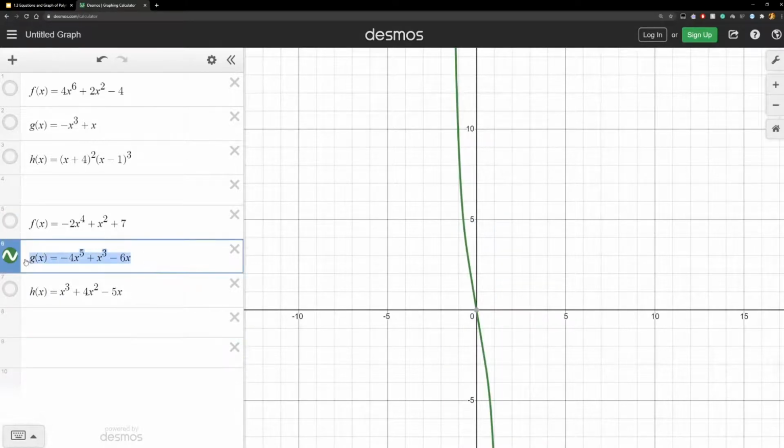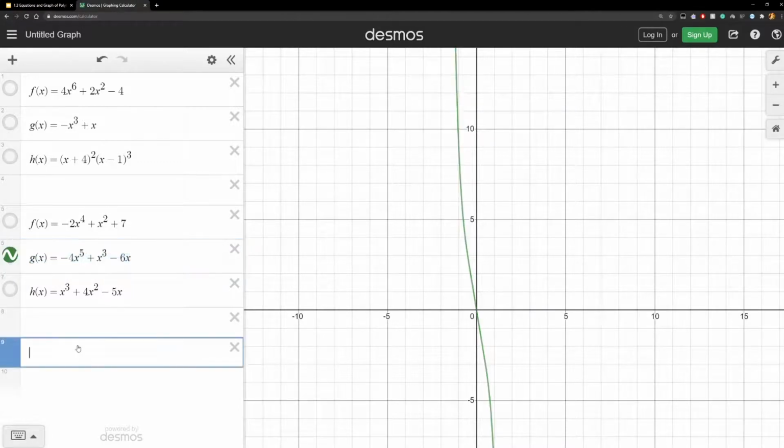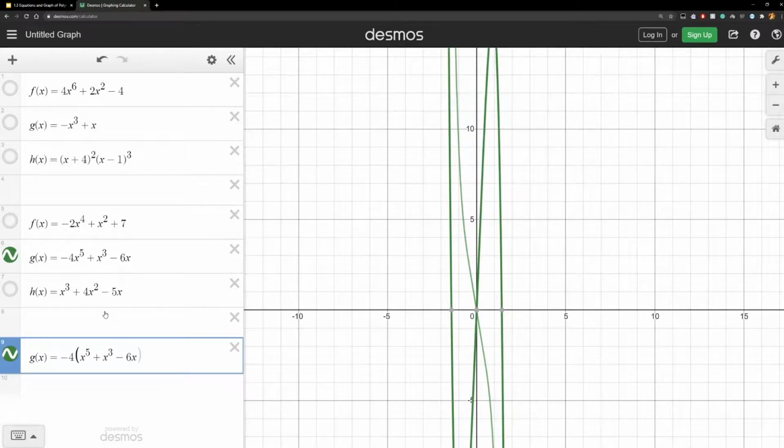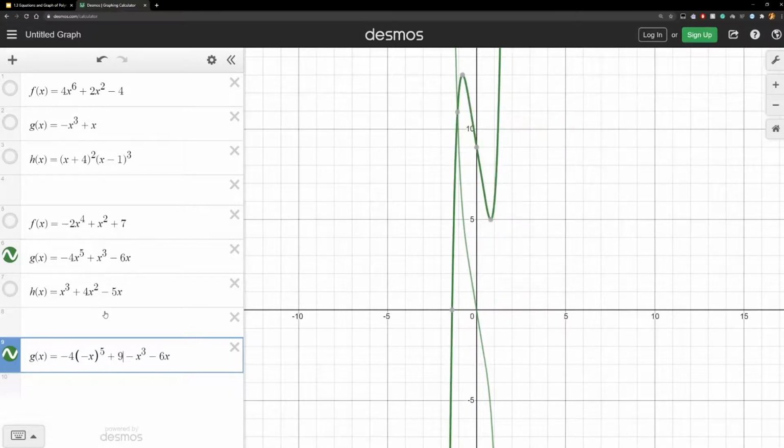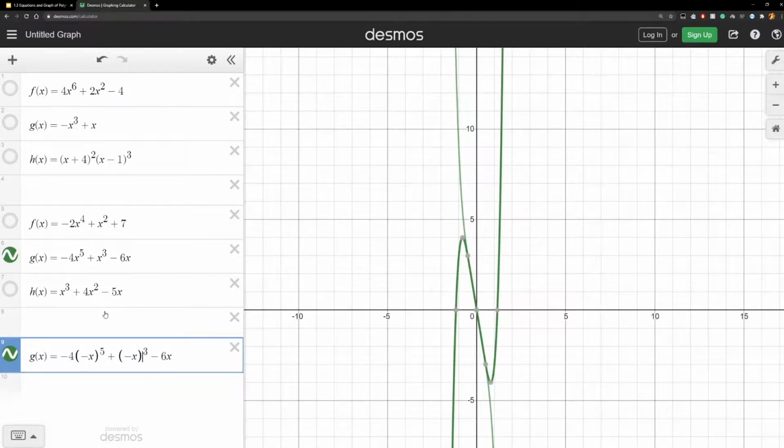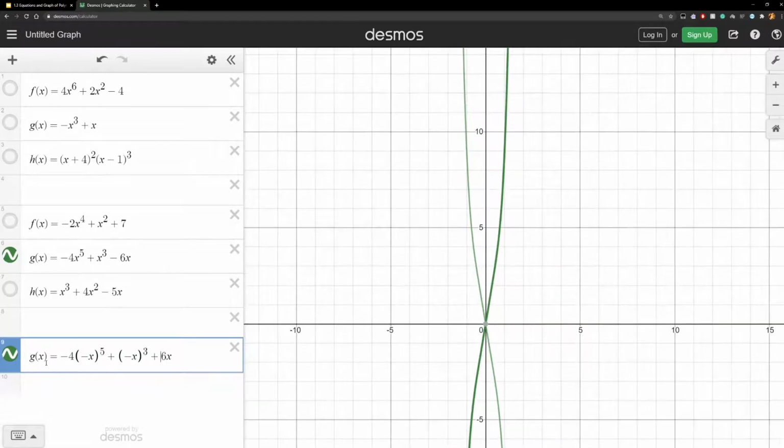However, let's look at G now. G, we see it's a little squiggle. So we have to prove that it is an odd function first. So let's do that quickly. Negative. And then last one, well, we know this is going to be a positive. There you go.